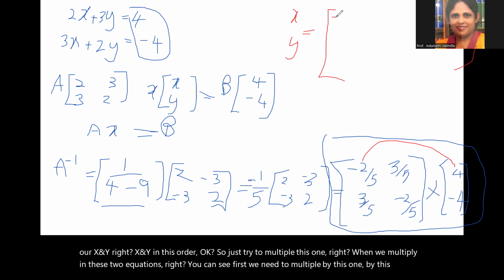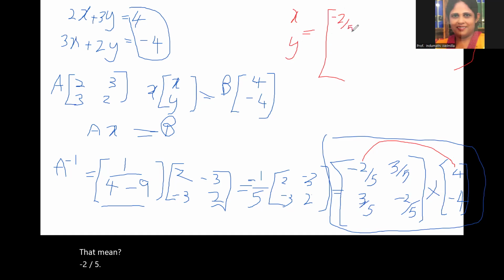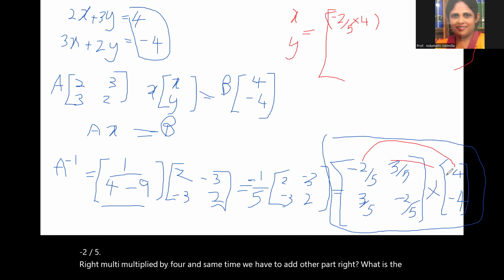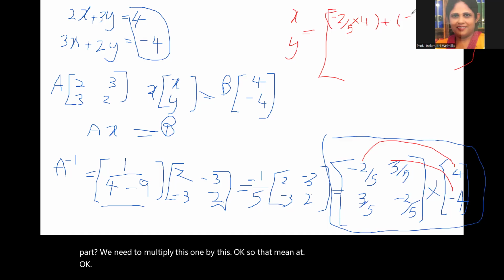That means -2 over 5 multiplied by 4, and at the same time we have to add the other part. What is the other part? We need to multiply this one by this. So add -2 over 5 into -4.